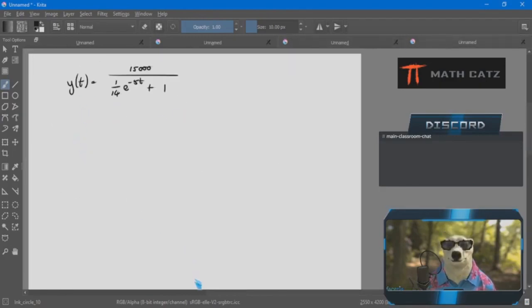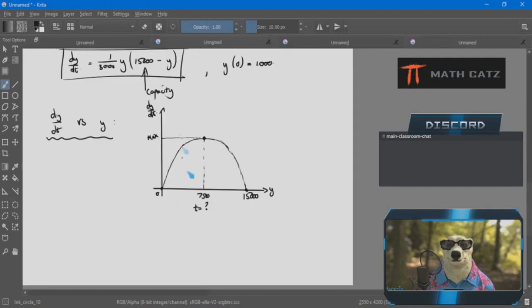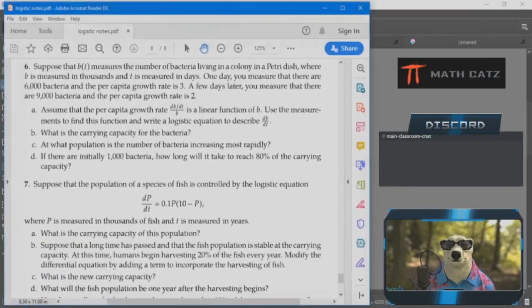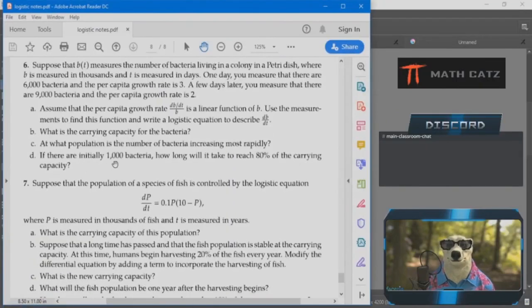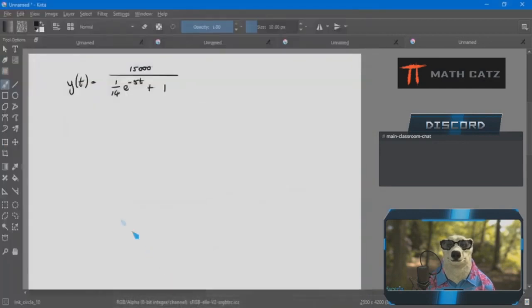There's our function. So we can go back and ask, where did it reach the 7,500? When did it reach that maximum growth rate? You can use that, or we can stick to this question asking, how long will it take to reach 80% of the carrying capacity?